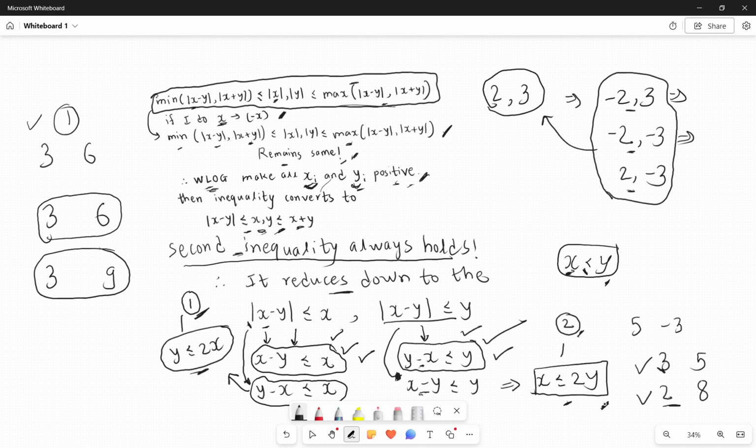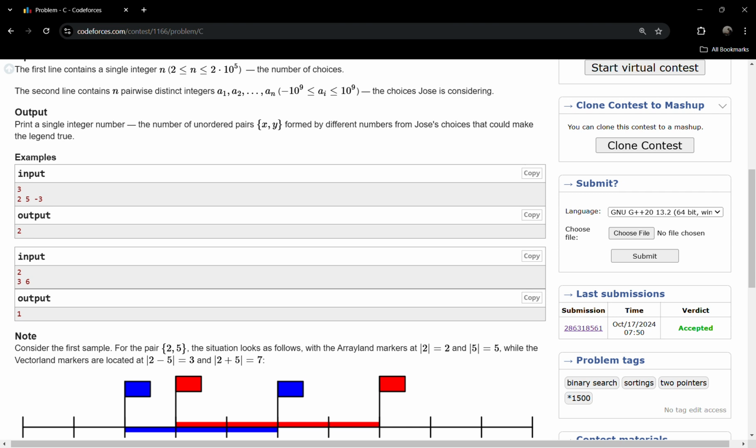So this condition will always hold true. Yes, we are narrowing down our inequalities. So this will always hold. Now we only need to check for this thing. So how can we check that? It is easy because of the two pointers method. So let's head to the code.